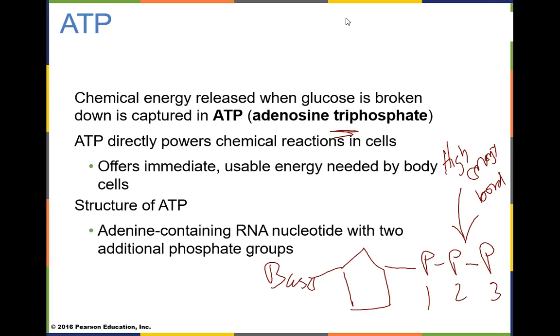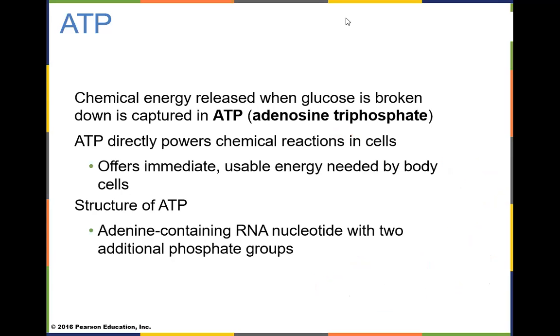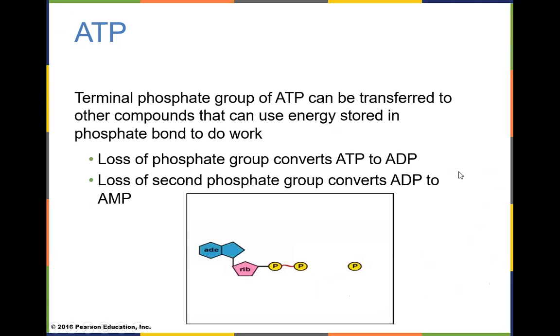Now, a couple of things about that. Let's go to the next slide. And this is what it looks like. The 3rd phosphate, and you see the molecule there, there's the adenine, and there's the ribose sugar. When we have energy available from something we've eaten, a donut or a piece of bread or an apple or whatever, we can take the calories in that food and reattach the 3rd phosphate, and park energy in that bond.